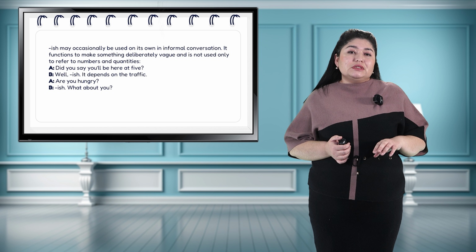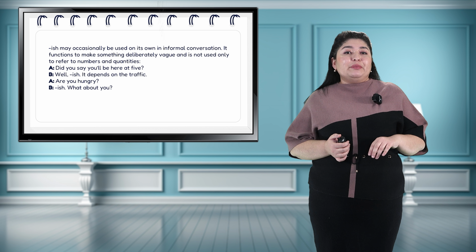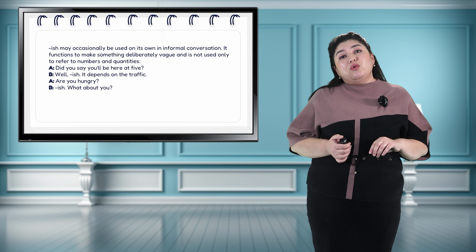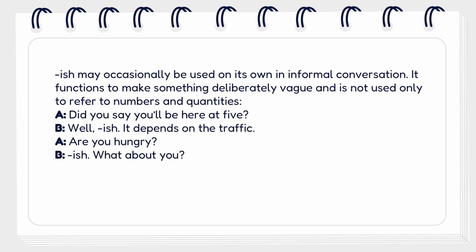For example, did you say you will be here at 5? Well, ish, it depends on the traffic. Are you hungry? Ish. What about you? Also, ish is most commonly used with numbers, dates, times, and quantities. It's a productive suffix, and speakers creatively attach it to a wide range of words from different word classes.